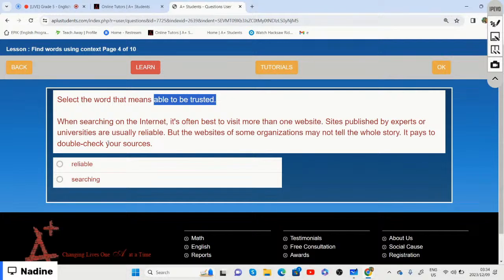So, if we look at the words able to trust, is it reliable or certain? If you're able to trust somebody, then it means that that is a reliable person.